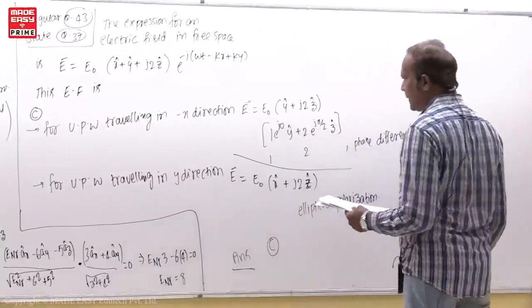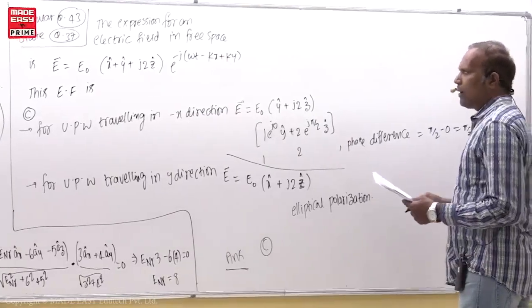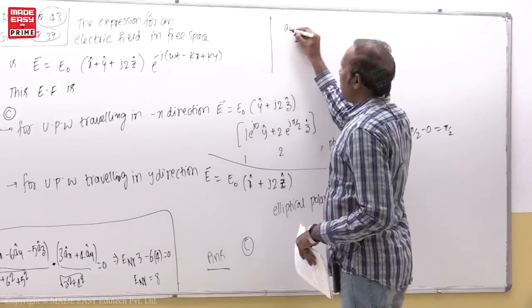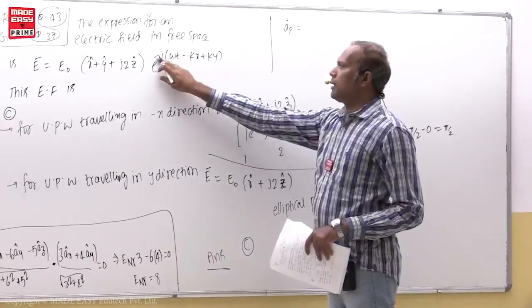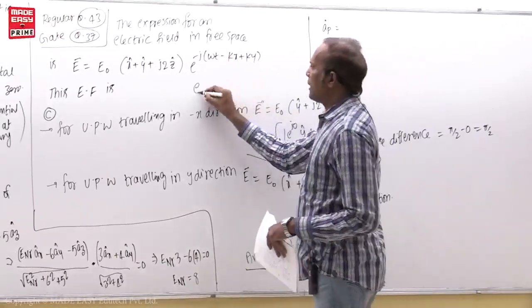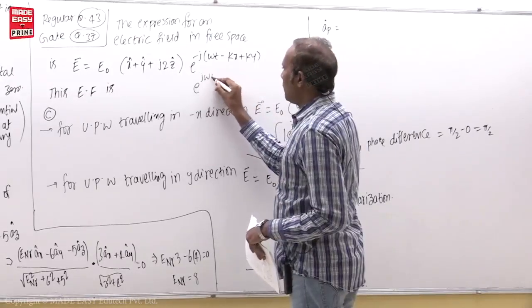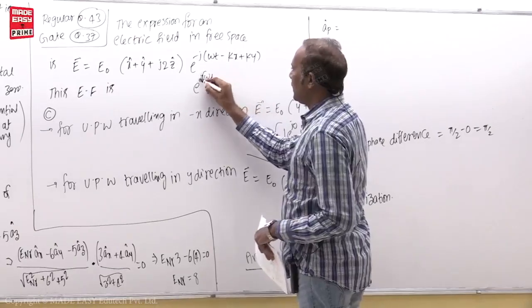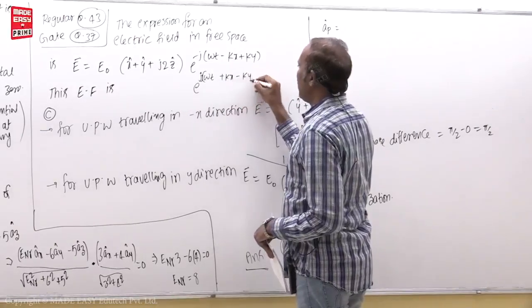Answer is C. Some students may ask, sir, how to decide whether it is a plane wave or not. I told you, for this the power flow unit vector is found like this. If you take e power j omega t, then plus kx minus ky is there.